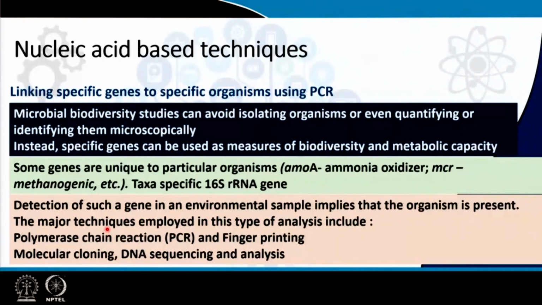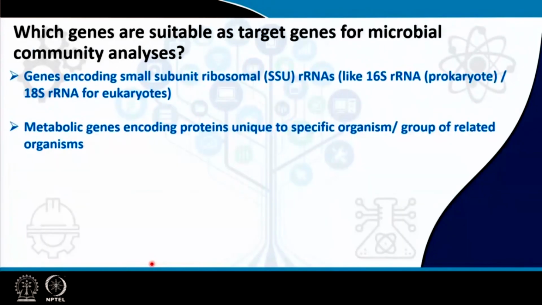Now, the major techniques employed in this type of analysis include the polymerase chain reaction that I have already mentioned and the different types of fingerprinting methods. And within this, it might also include molecular cloning, DNA sequencing and further analysis. Now, coming to the point of which genes are suitable as target genes for community analysis. Two types of genes can be selected.